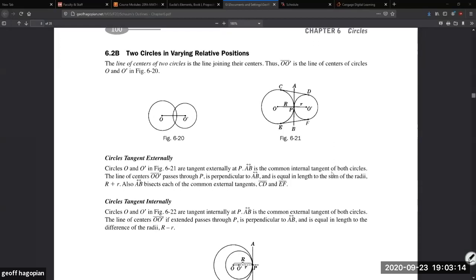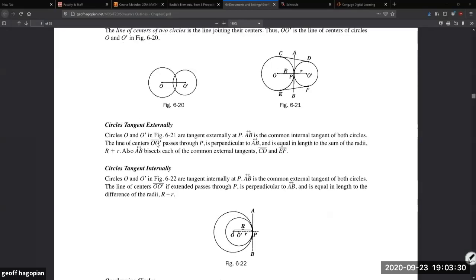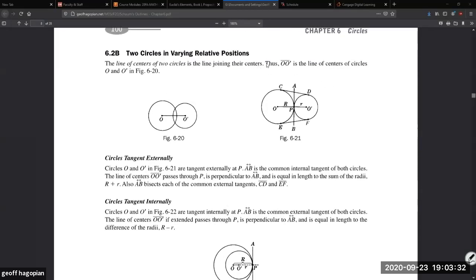Okay, let's get here and keep going. Two circles in varying relative positions. Okay, so they could be overlapping, they could be tangent to one another. That's figure 620. The line of centers between two circles is the line joining their centers, right?